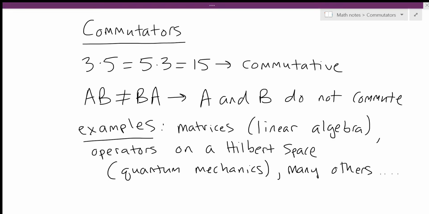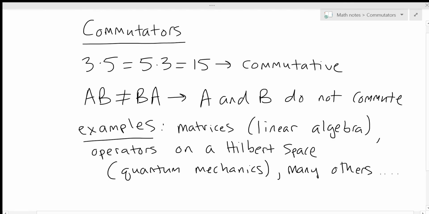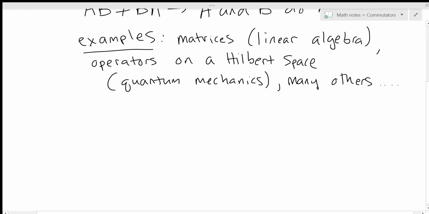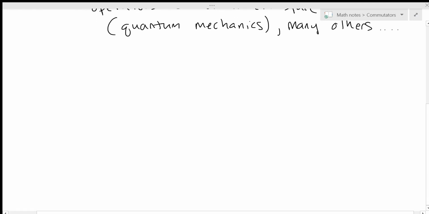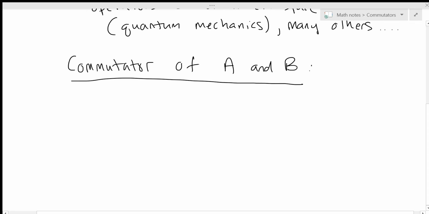So, when A times B does not equal B times A, we might want to understand how badly they differ. And for this, we define the commutator of A and B. So, what is the commutator of A and B?